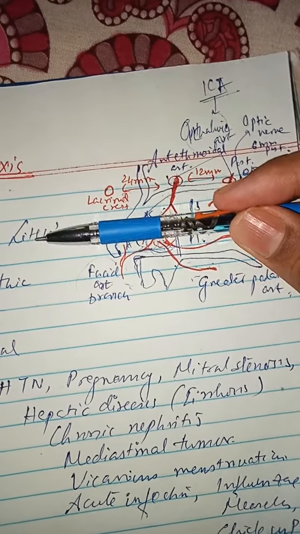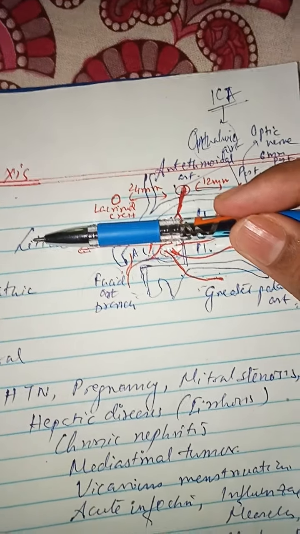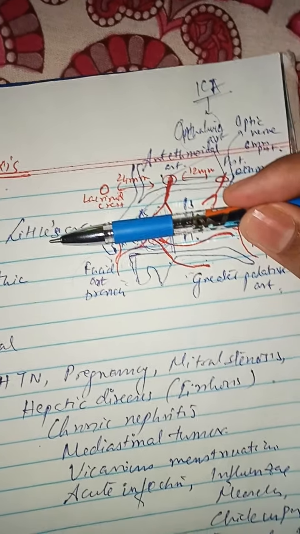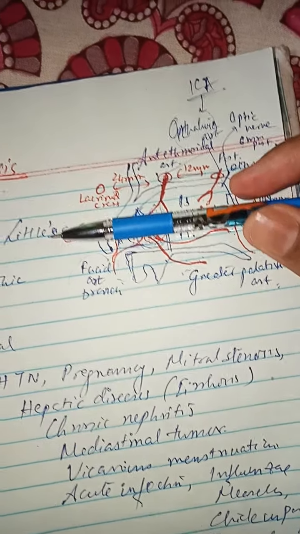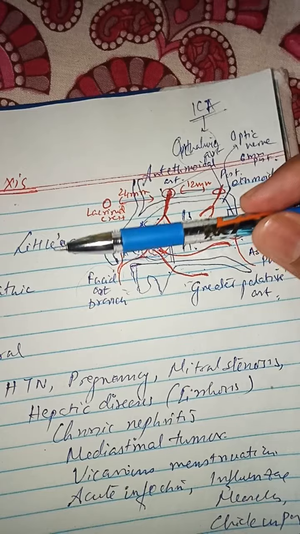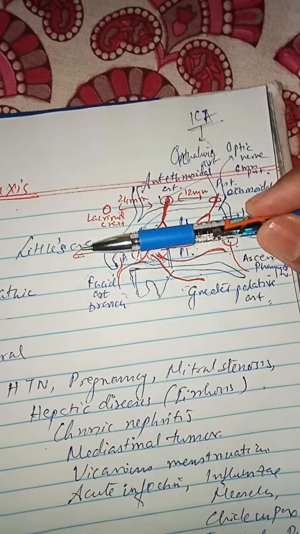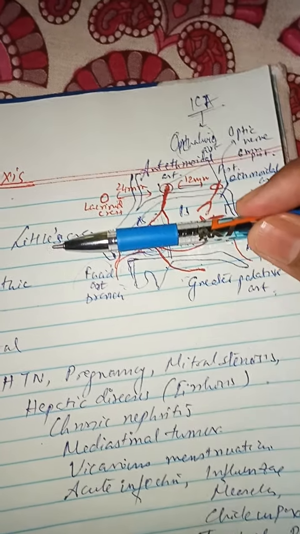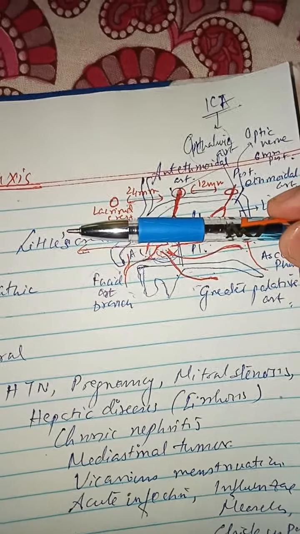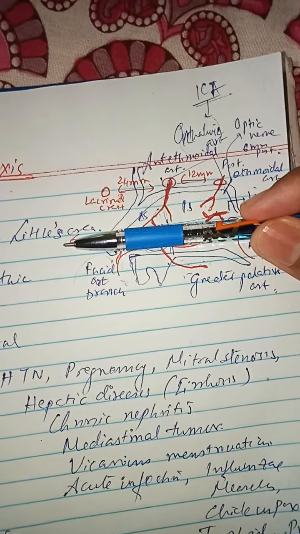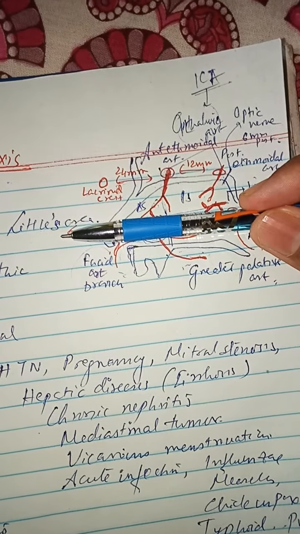The middle part drains into the sphenopalatine vein, which ultimately drains into the pterygoid plexus and then to the cavernous venous sinus. And the inferior part drains into the facial vein, which ultimately drains into the cavernous sinus through the pterygoid plexus.